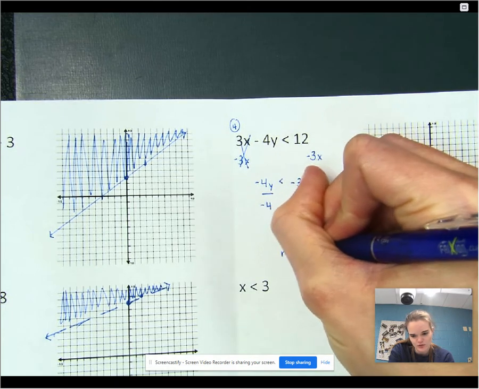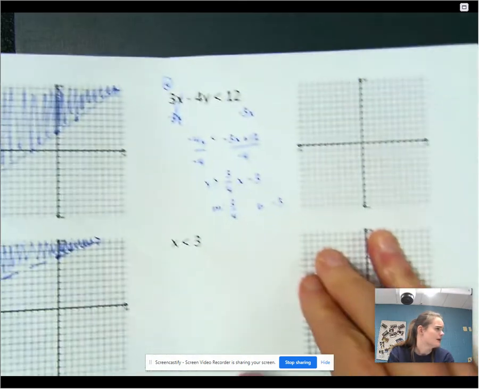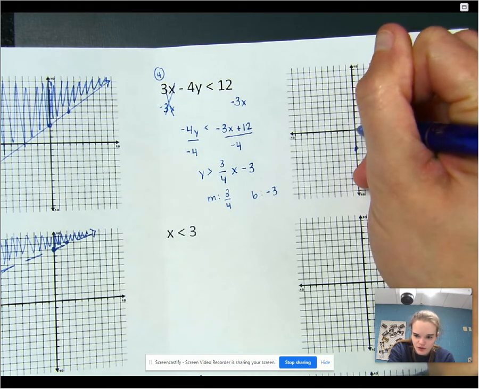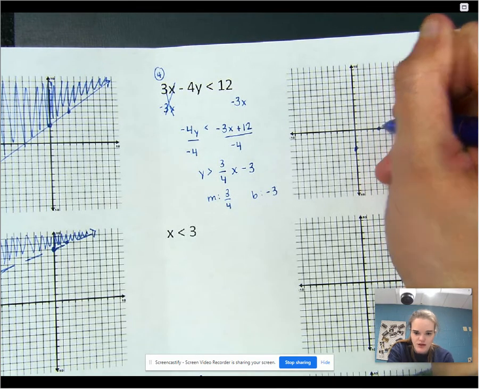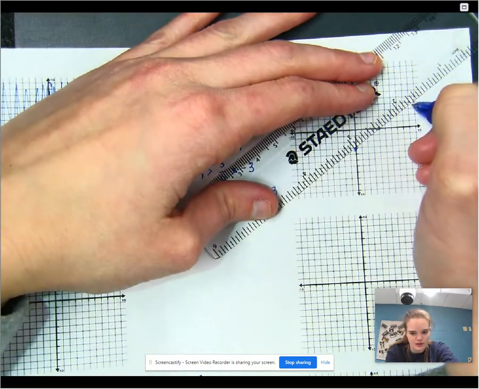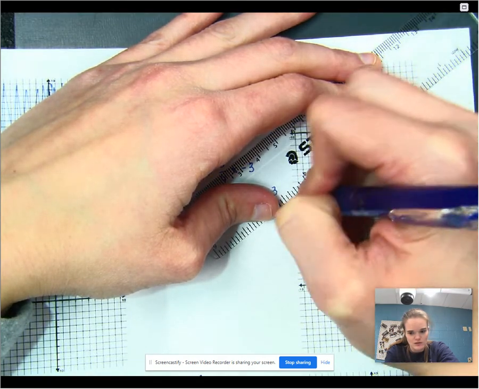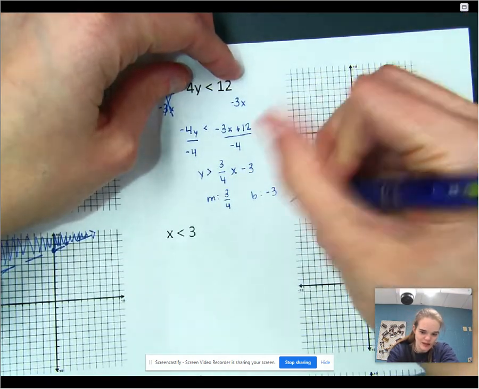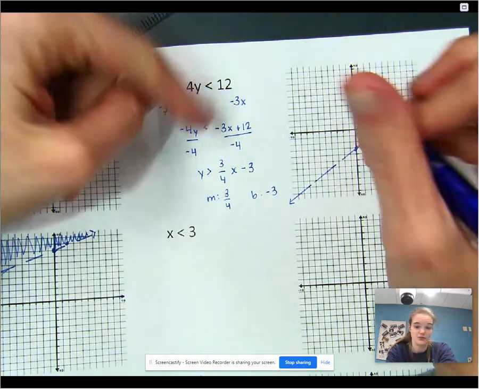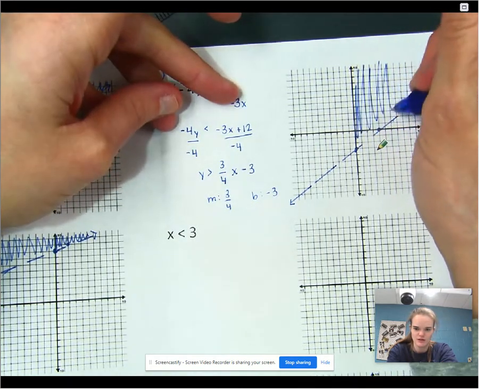M is 3/4. B is negative 3. That means I start at negative 3, go up 3, over 1, 2, 3, 4. It does not have a line under it, so it is dashed. So far, most of them have been dashed. Now, you can either make it completely solid and erase, or you could dash it like I did. It is greater, so it is above. So far, most of them have been above.